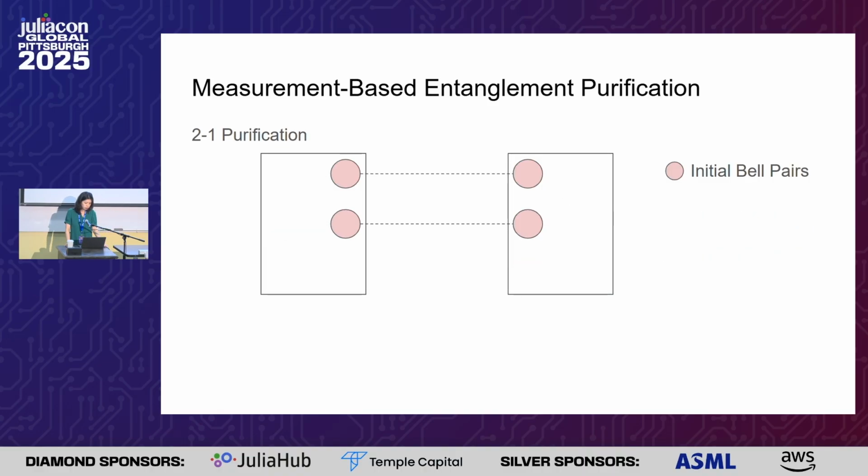So as I explained before, we start with 2 low fidelity entanglements. They're long range, so each of them is, like, this is register A, this is register B. They're far away from each other, so between them, they cannot communicate faster than light.